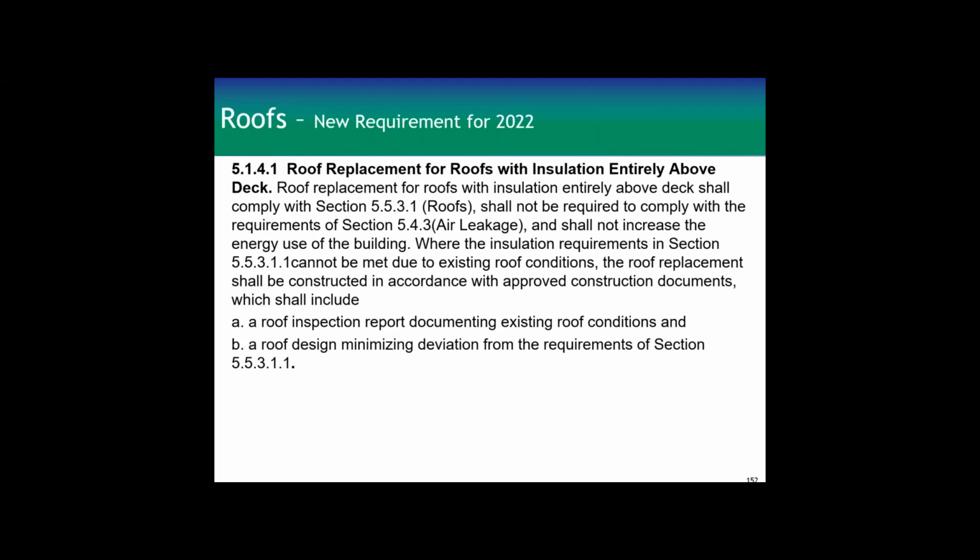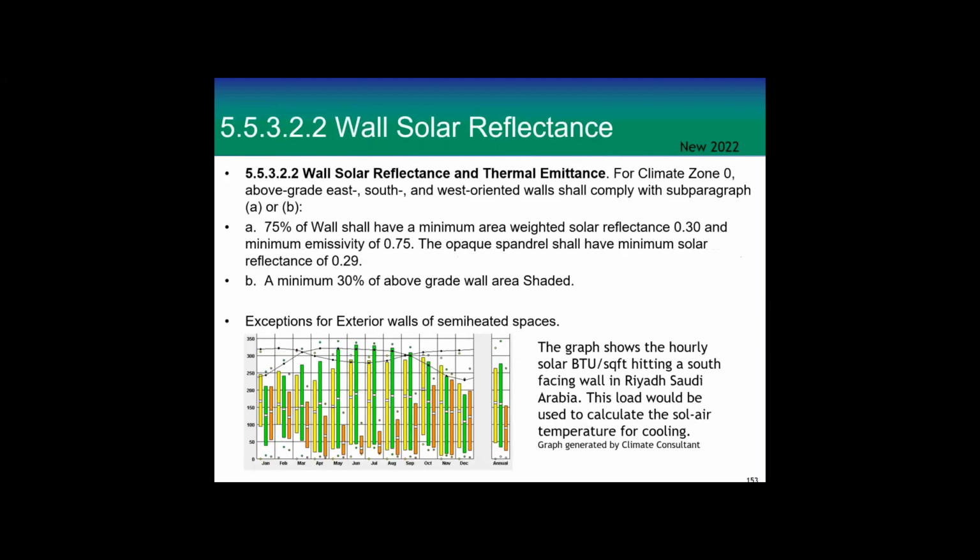This just controls how much of the roof you have to tear off if you're just doing a roof replacement, and it's an improvement to make clear what's required. So you do have to have roof inspection reports, and you do have to be careful on your roof design.